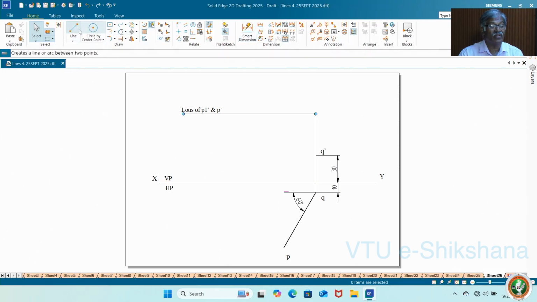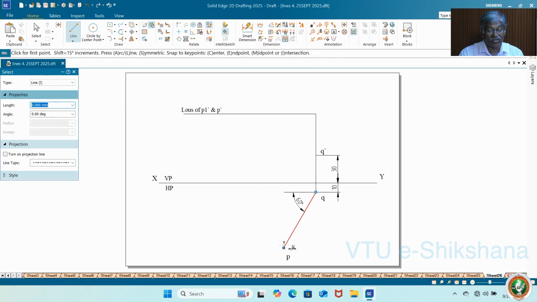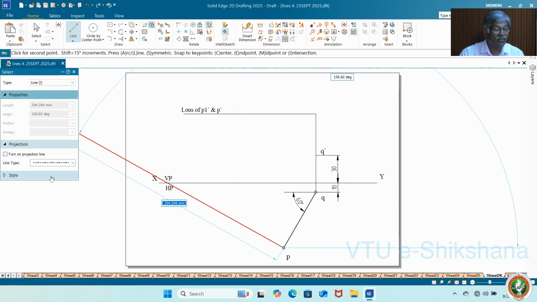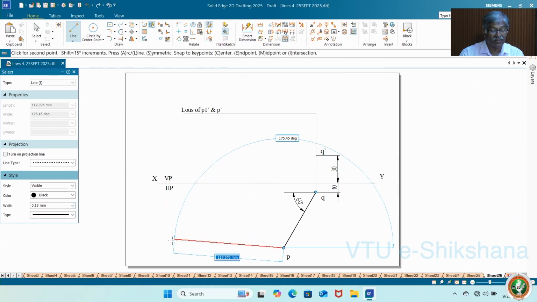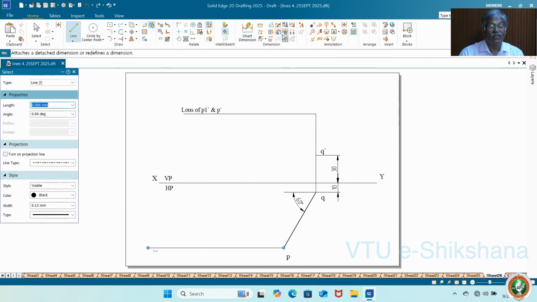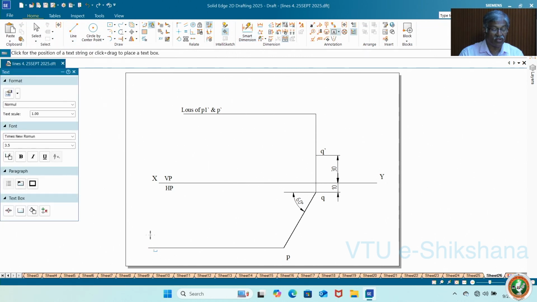Now let me repeat. See, this is the locus of P2 and P. Thin line.